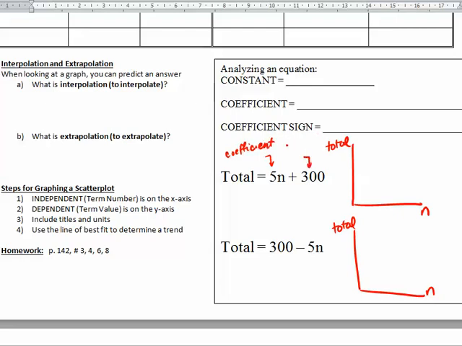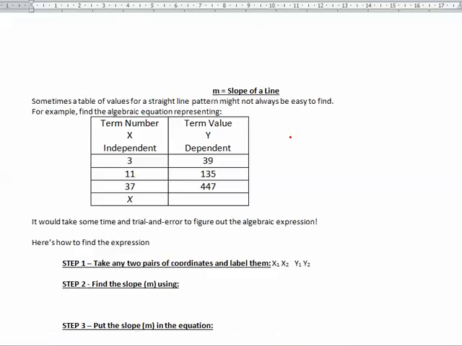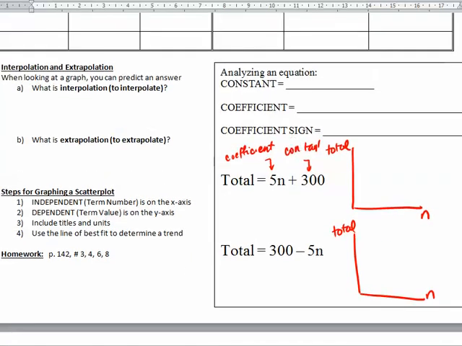The 300 is the constant. This is the one that starts at the very beginning. It's what you have when there's no figure number there, and it's basically what you'll start with. Okay, so what this means, we always start with the constant because there's no variable, which means when n is 0, with no figure, I am starting at 300.